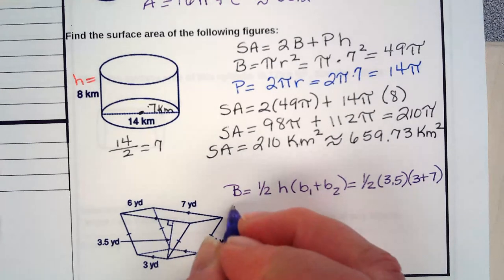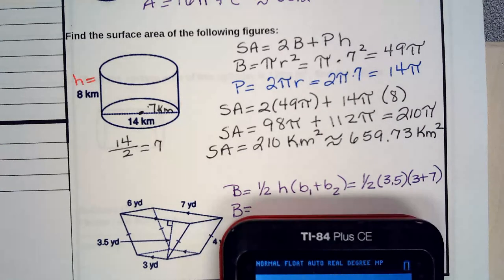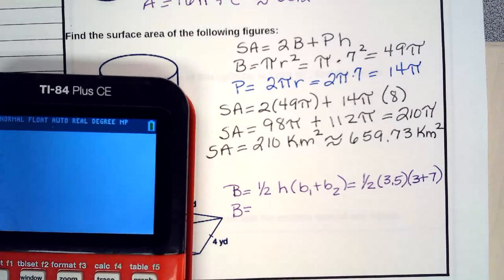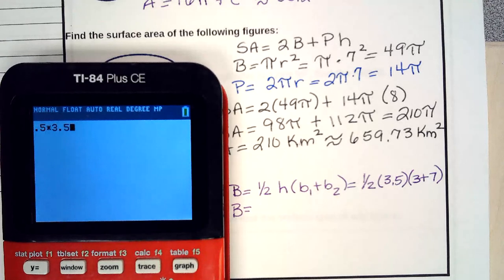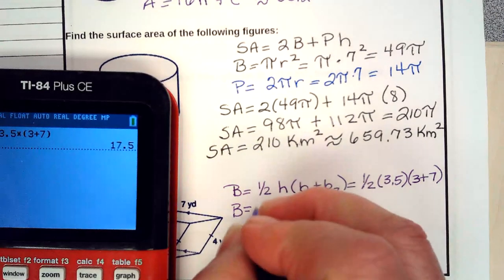So for my base area, once again, I'm going to use that 0.5. And 3.5 is my height. Parentheses. 3 plus 7, close the parentheses off, and I end up with 17.5.